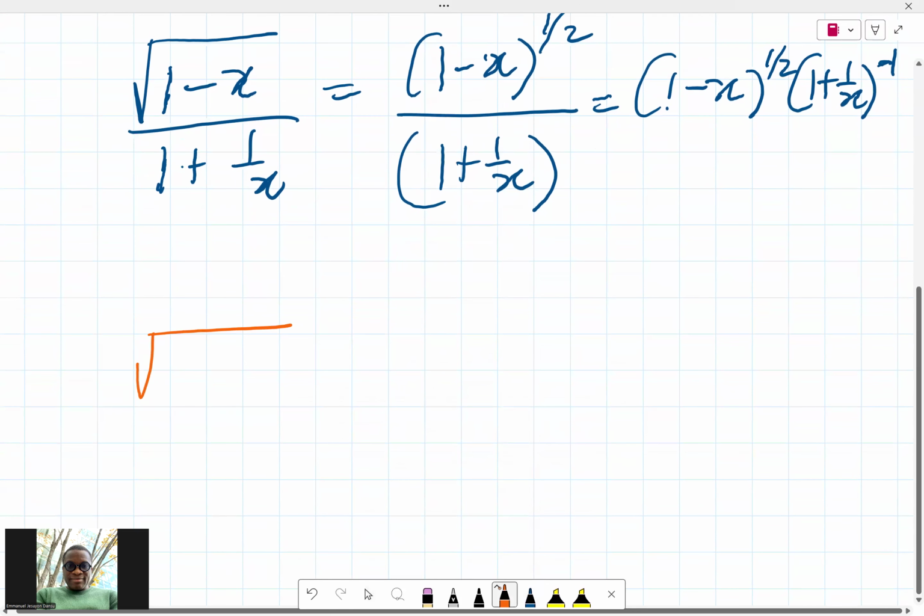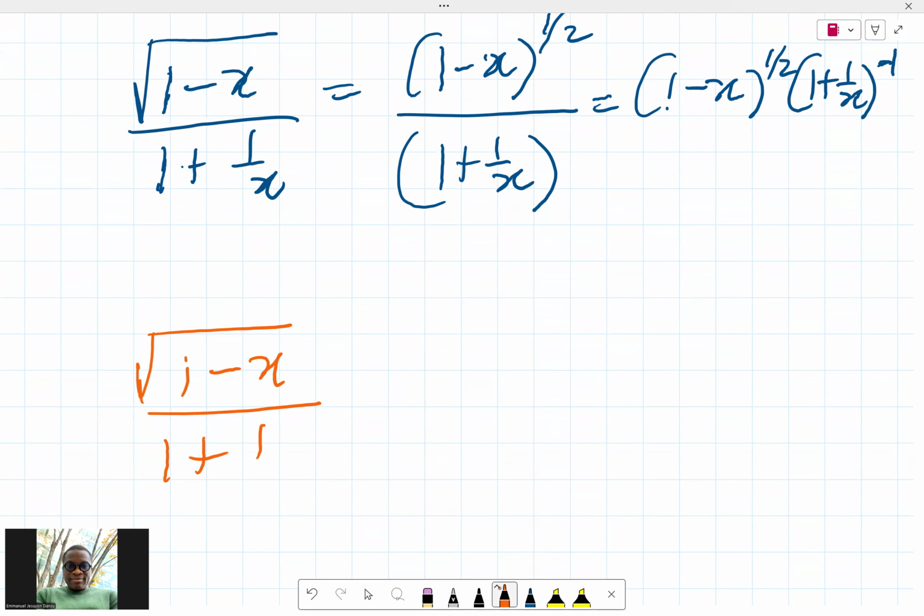You have square root of 1 minus x divided by 1 plus 1 over x. So we can take it further. We're not even doing the expansion yet, we're just trying to tidy things up. So you can take this as square root of 1 minus x divided by, LCM here, 1 over 1 here. So LCM of 1 and x will be x.